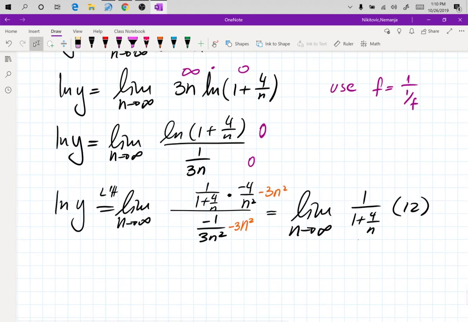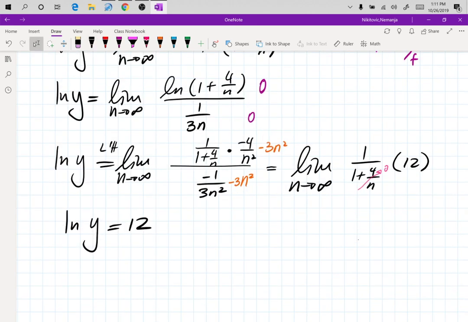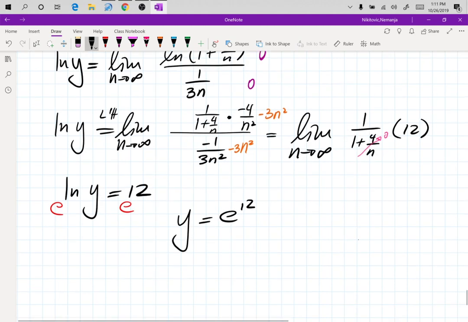So now when I take n to infinity, this puppy will go to 0 because you're dividing 4 by infinity. So the whole thing happens to be ln y is 12. And if ln y is 12, when you exponentiate both sides, you get that the limit you were looking for, y, is equal to e to the 12.